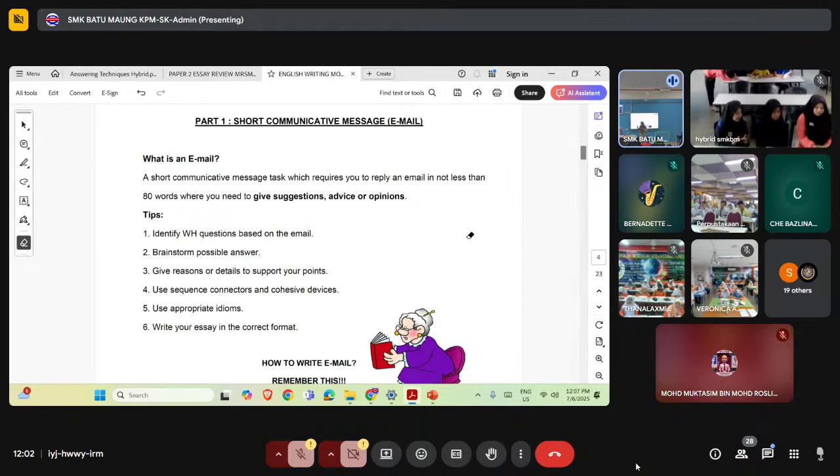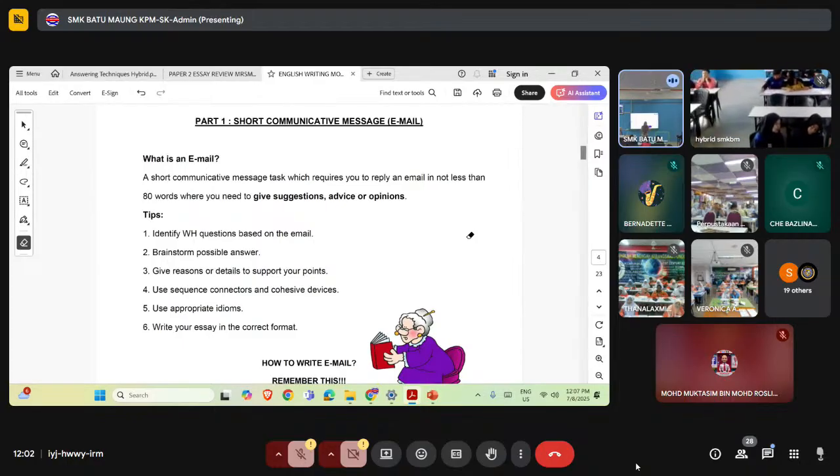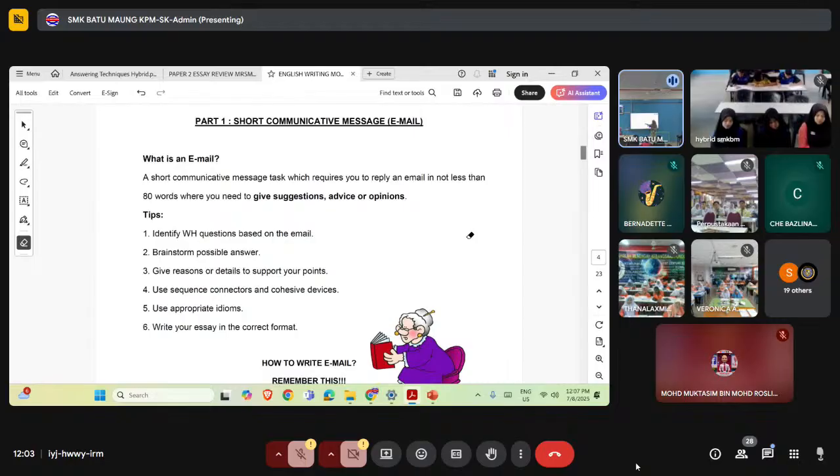Okay, give me an example. I would like to suggest going to Escape. Okay, one sentence. And then your elaboration. This is because, okay, there are a lot of activities or games that we can do at this theme park. So that is your elaboration. Okay. Next, give reasons to support your points.